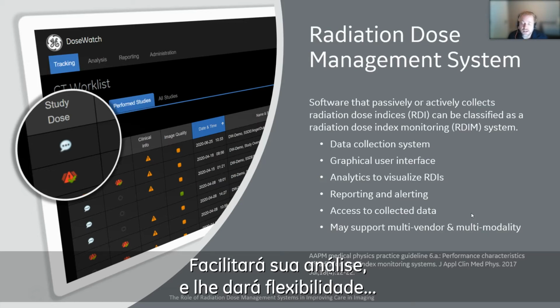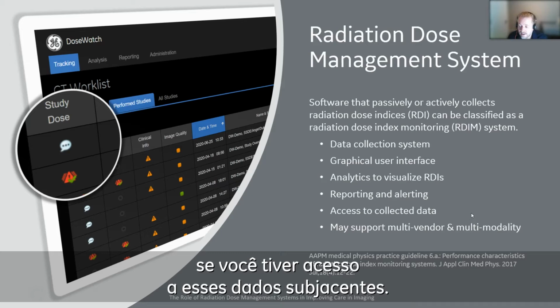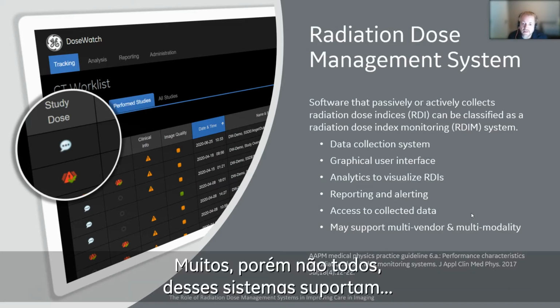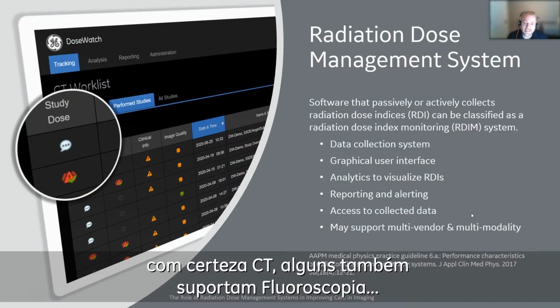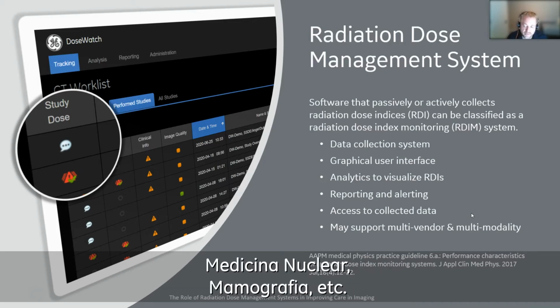It gives you a lot of flexibility if you have access to that underlying data. Many, but not all, of these systems will support multiple vendors, and they may support multiple modalities. So certainly CT. Some may also support fluoro, nuclear medicine, mammography and so on.